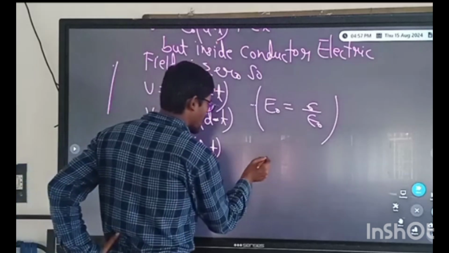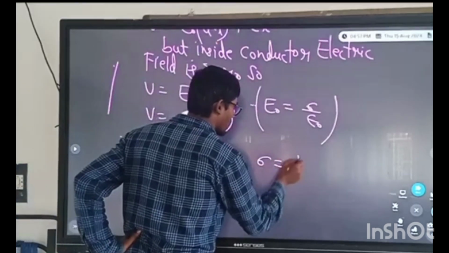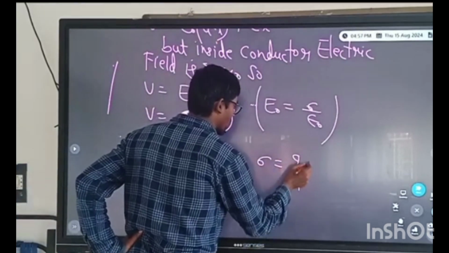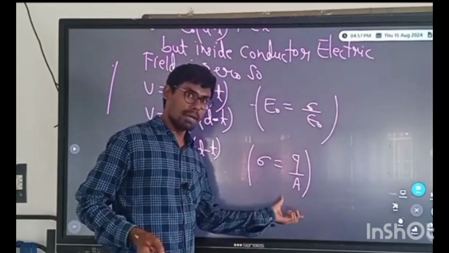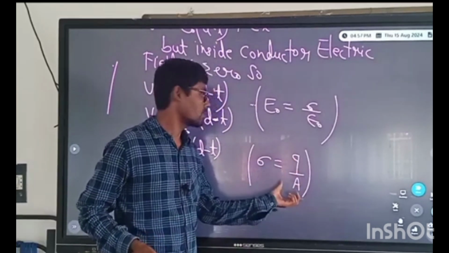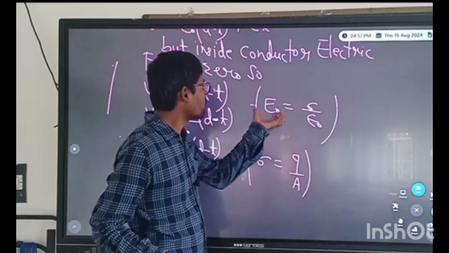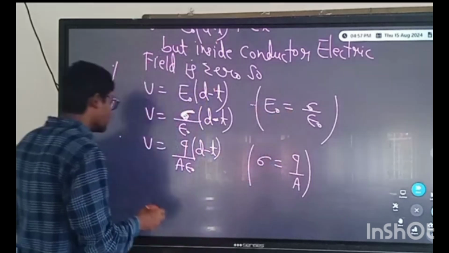Surface charge density is total charge by the area of the surface, Q by A.